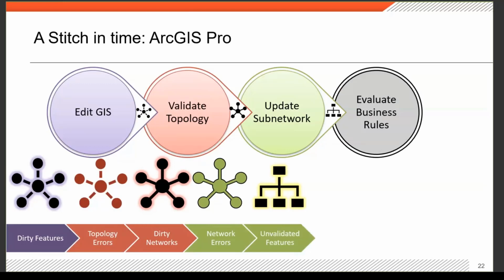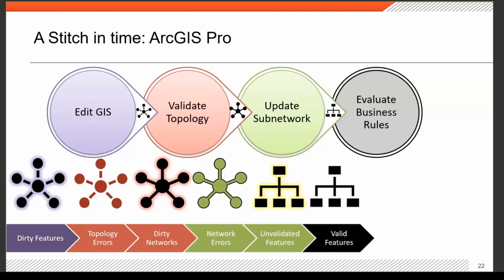However, if I look at those features and I have business rules that I've defined against them, in our case business rules specifically related to Milsoft, I'll be able to see that those features have business rules that need to be evaluated against them. I can go through and validate them, and as long as I've met all of the criteria for those business rules, I will see that those features are valid, they meet my requirements, and I'm good to go. However, it is possible that throughout this process I may violate one of these business rules.